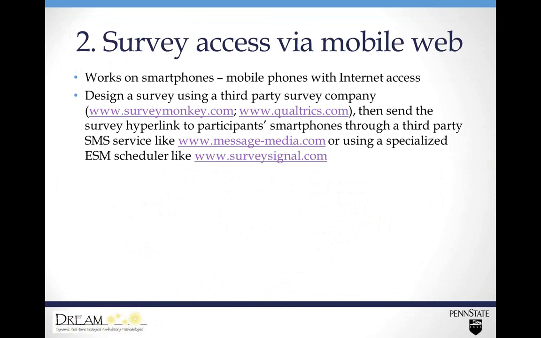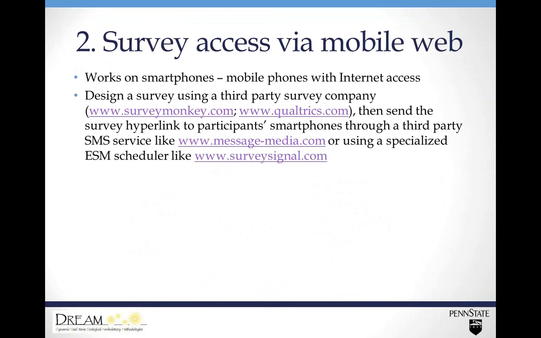All right, the second approach is slightly more sophisticated, and it does require a smartphone. And what we mean by that is a mobile phone with internet access. Here what you could do is basically design a survey. You could either use a third-party survey company like SurveyMonkey or Qualtrics, or have your own web programmer come up with a web survey.